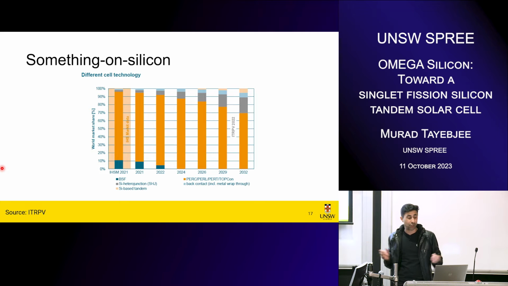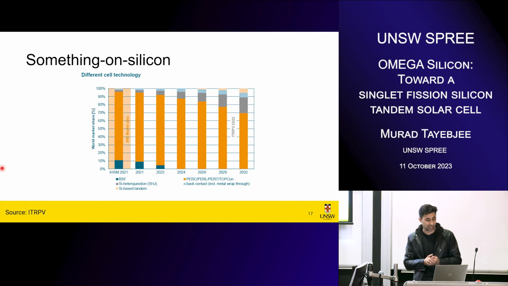All right. So if you can't beat someone, you join them. So what we're going to do is we're going to try and put singlet fission materials on top of silicon. All right. And indeed, if you look at the photovoltaic market, that's where the ITRPV roadmap is suggesting we're going to head. So you can see that these are all the different cell technologies and their world market share.